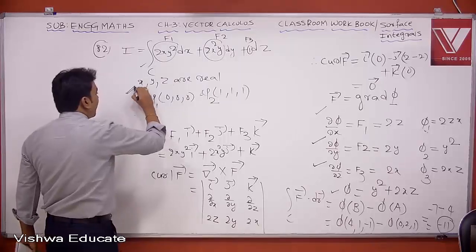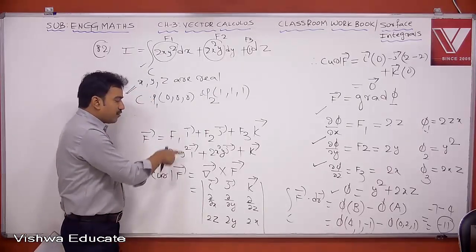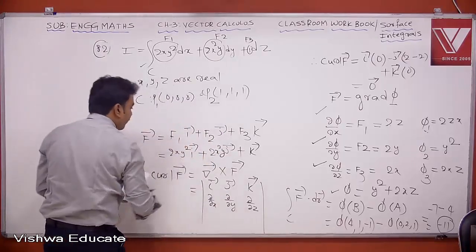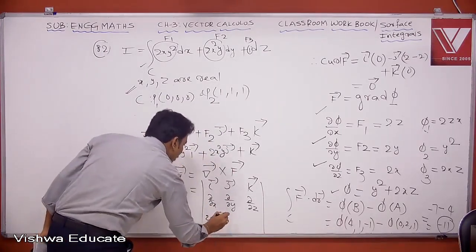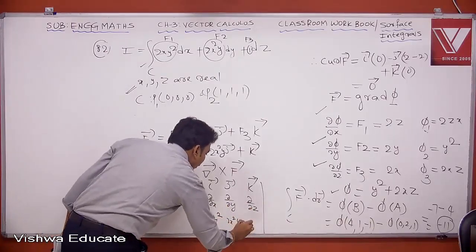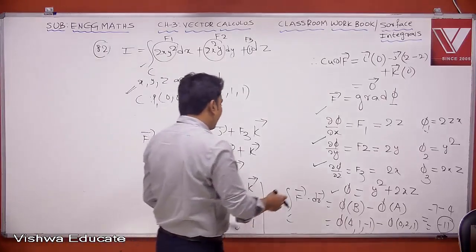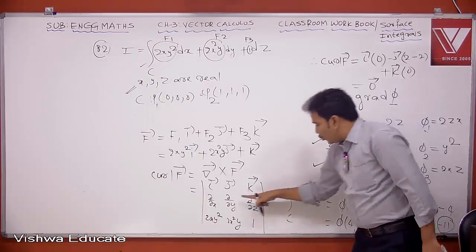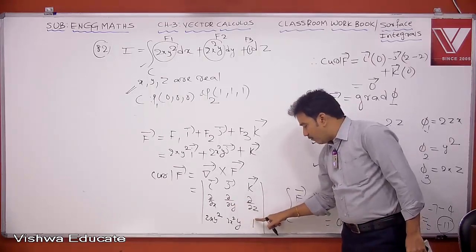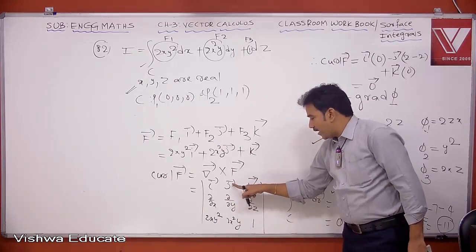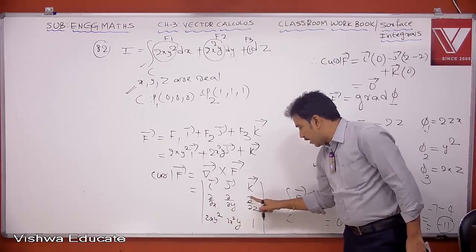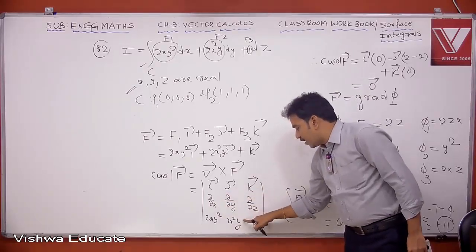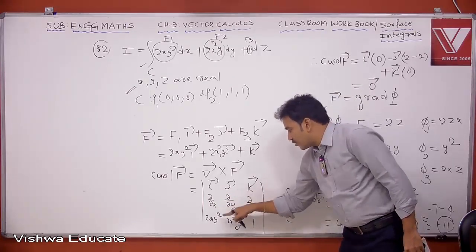So as usual, since C is a line joining two 3D points, let us try to find the curl of this vector. Curl F bar equals del bar cross F bar. The components of the F vector are 2xy square, 2x square y, and 1. When you try to find the curl of this vector, i bar times dou by dou y of 1, which is 0, minus dou by dou z of 2x square y, which is 0, minus j bar times dou by dou x of 1 minus dou by dou z of 2xy square, which is 0, plus k bar into dou by dou x of 2x square y, which is 4xy, minus dou by dou y of 2xy square, which is also 4xy.